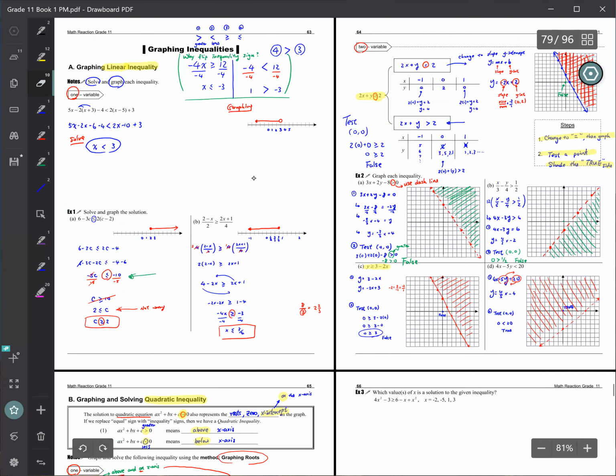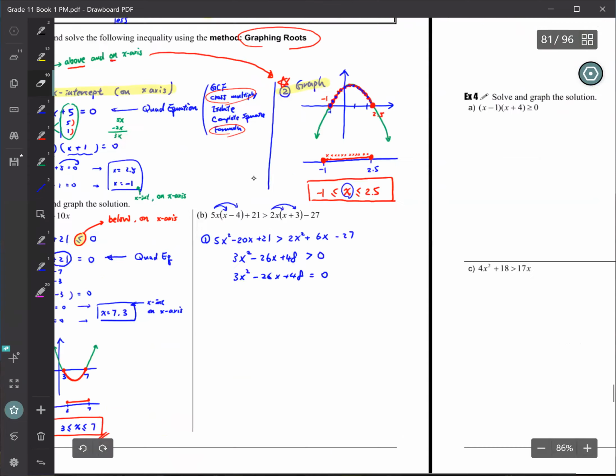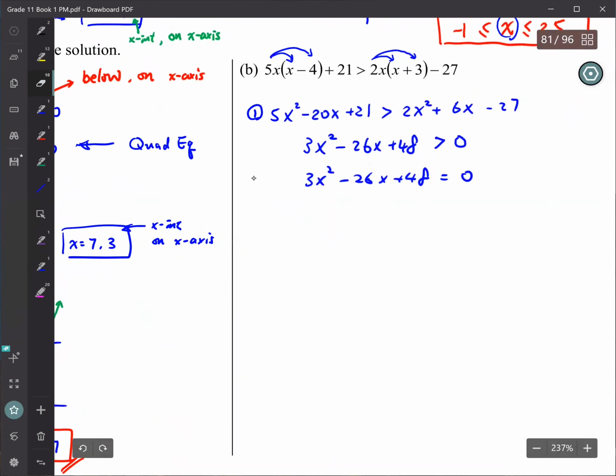So far, only one person found the roots. Okay, three people now. Okay, anyone else? Raise your hand when you got the roots. Waylon, is it factorable?